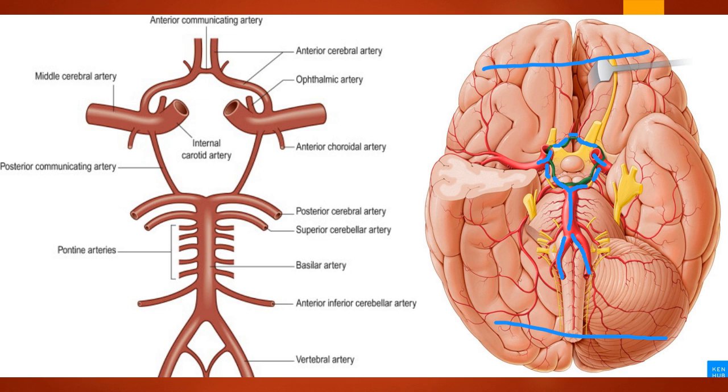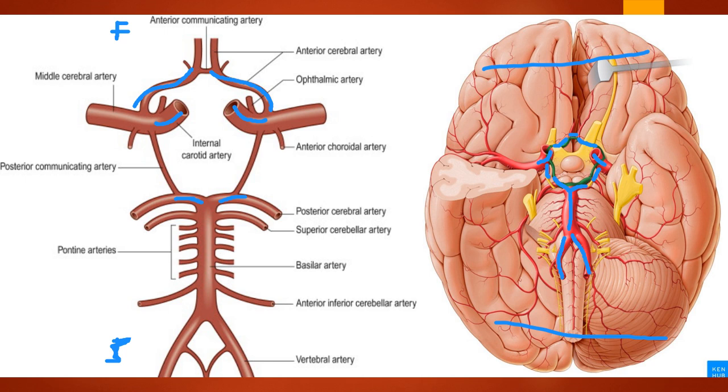Now let's look at this diagram. So here's the front of the patient's head, here's the back. Vertebrals come up, they join our basilar. We're going to see our posterior cerebral arteries splitting from that basilar. Then our anterior circulation, we have our ICA coming in. We have our anterior cerebral arteries, which are going to supply that anterior tissue.